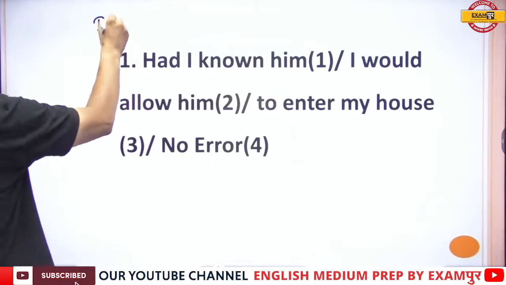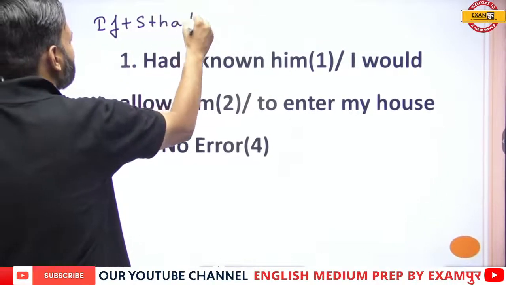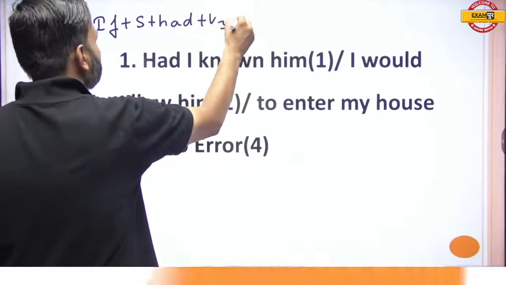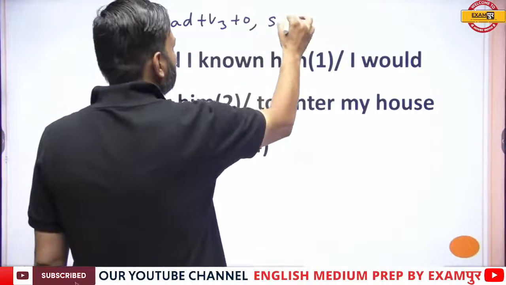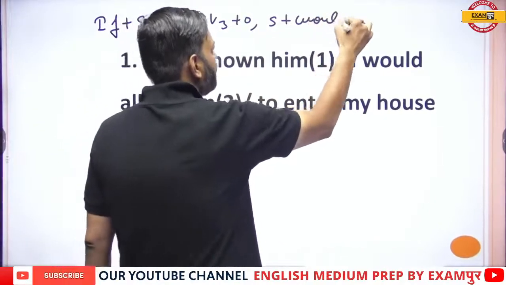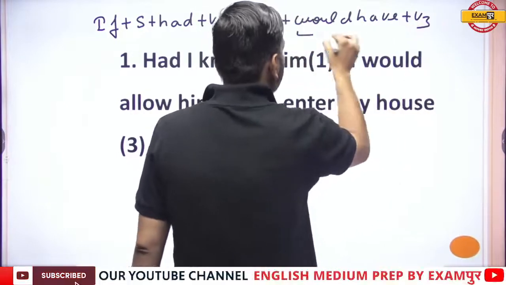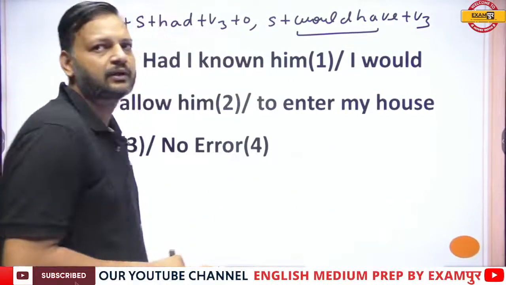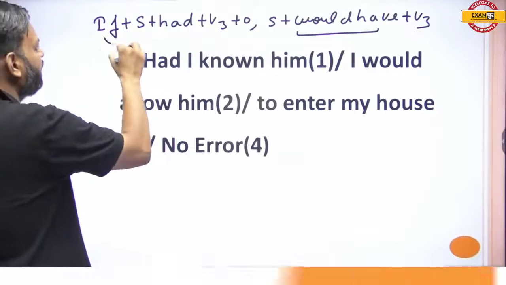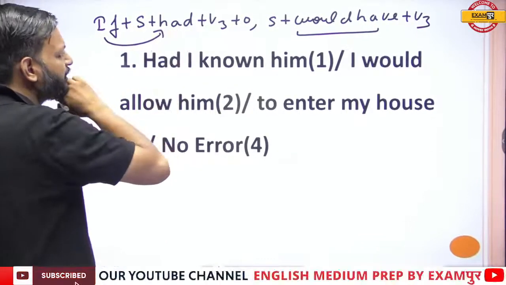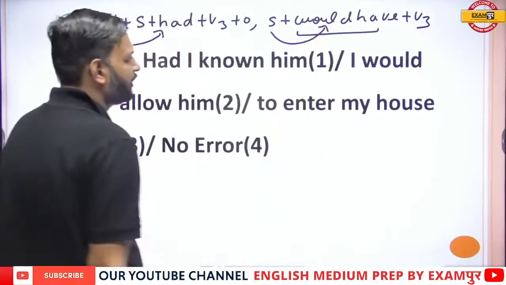When the if clause is in past perfect tense, the main clause has would have plus third form. So you have to remember that if an if clause has past perfect tense, its main clause must have would have plus third form.